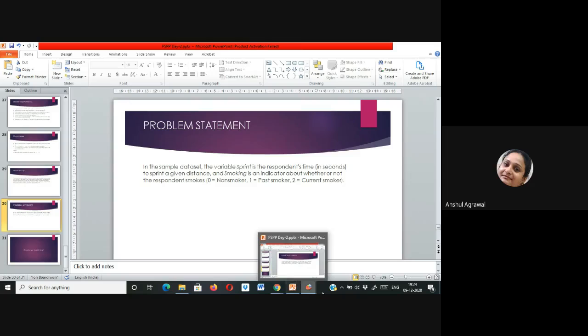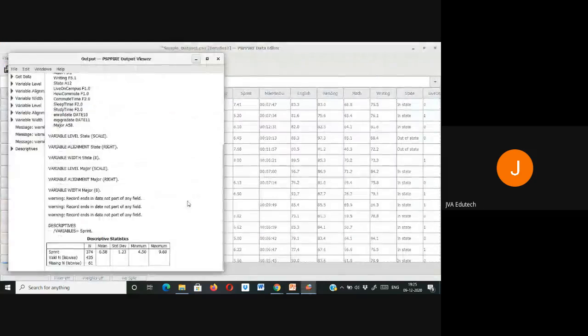Yes, sir. You can see here that this is the mean. The standard deviation means that all these people can deviate to a point of 1.23 from the mean value.